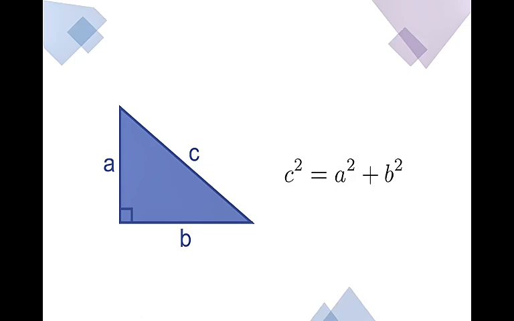And this is amazing, right? The area of the square on the hypotenuse is always equal to the sum of the areas of the squares on the legs. Later, I will show you some examples so that I can explain it further.